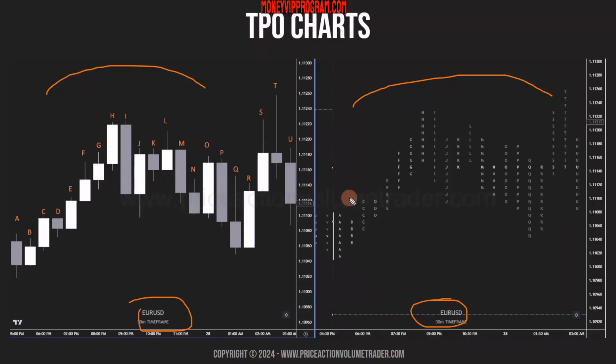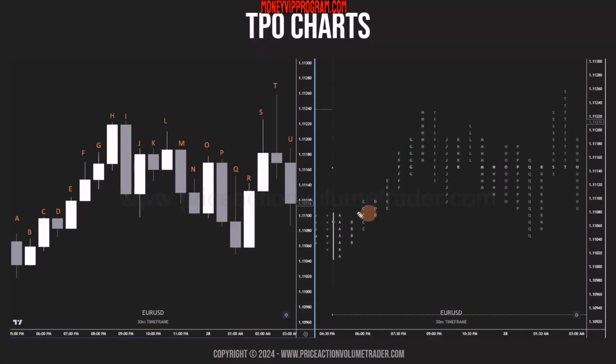This is taken from TradingView, which until recently did not have a market profile indicator, but they've recently added it. As of the recording of this in January 2024, it is still in beta version, so it's somewhat limited, but I'm still going to be trying to show you a lot of things with it throughout this course, just because I know TradingView is the most mainstream platform, and I'm sure a lot of you are already using it, okay?